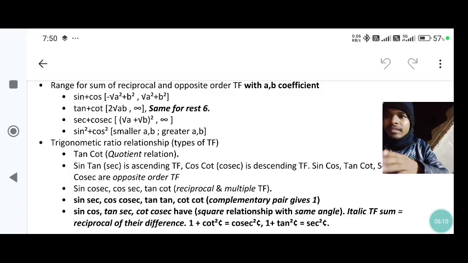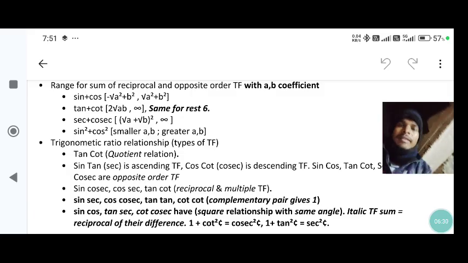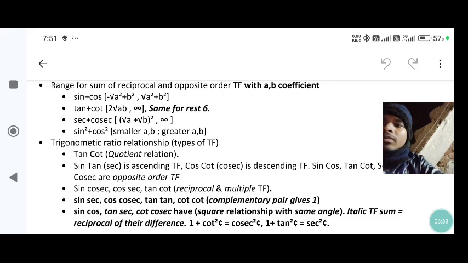For a sin squared theta plus b cos squared theta, whichever is smaller among a and b will be the minimum, and whichever is greater will be the maximum value. The rest of the 6 will be the same, from 2 root ab to infinity.